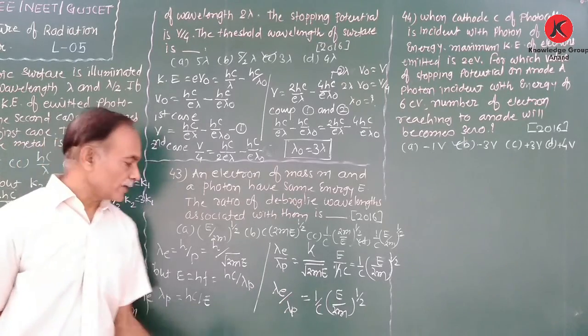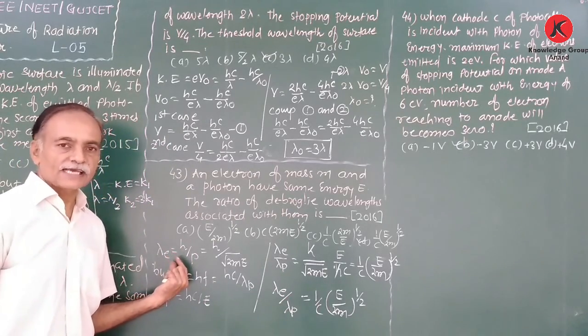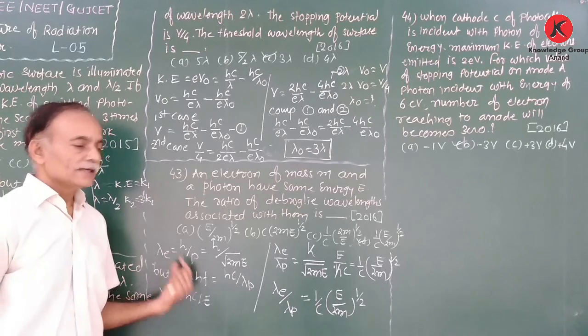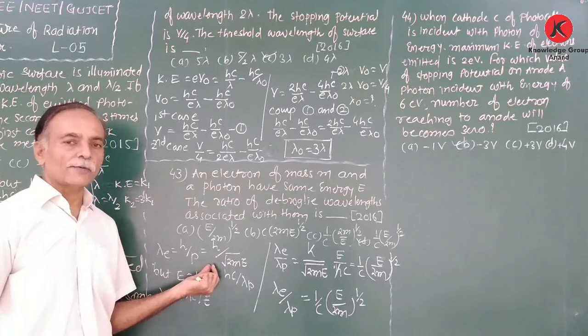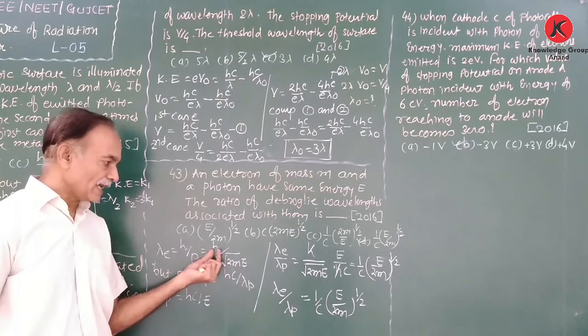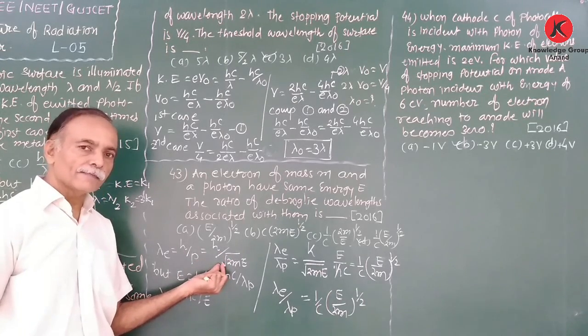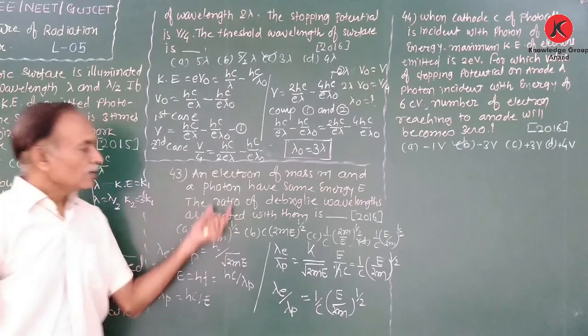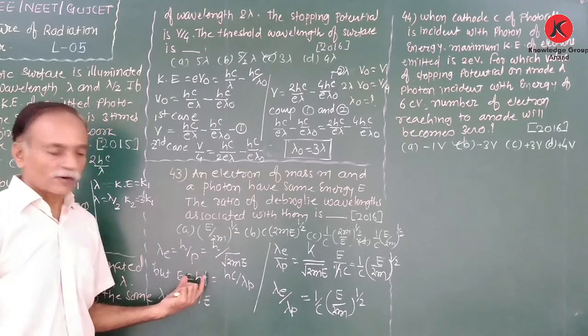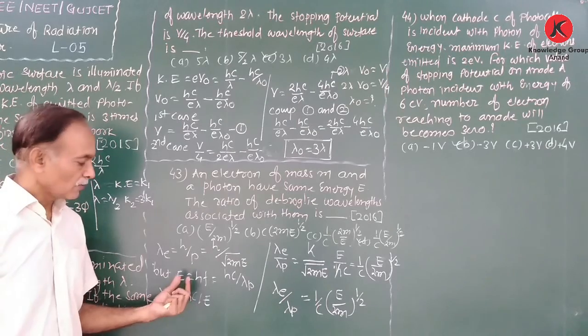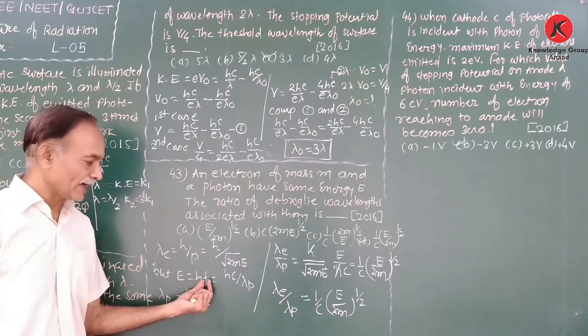Again, the de Broglie wavelength of electron is h upon momentum p. Here the momentum of electron having the energy E is under root of 2mE. Therefore, h upon under root of 2mE. Now, the photon has also the same energy. The energy of photon is equal to hf, or the E is equal to hc upon lambda.